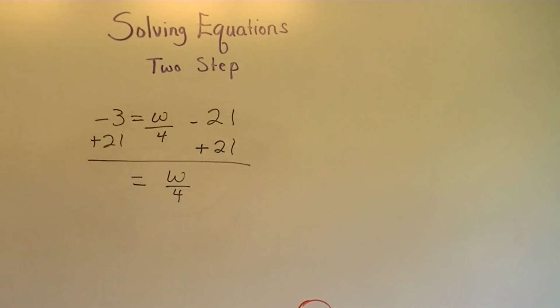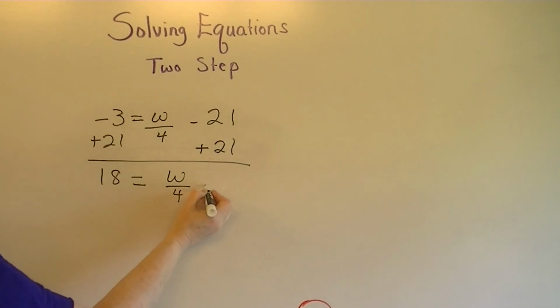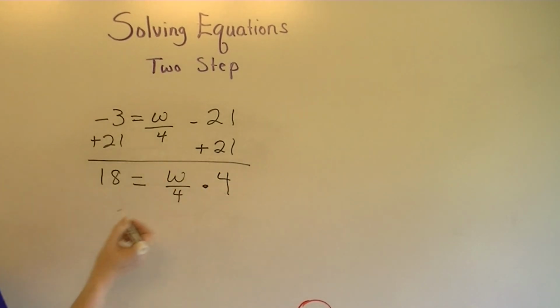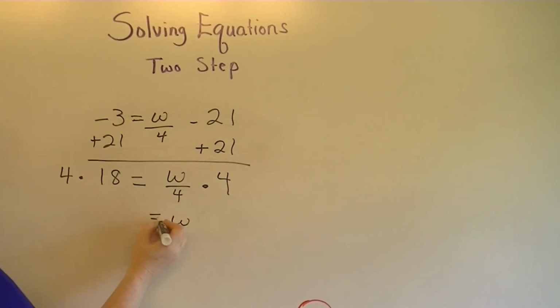These are different signs, so I'm going to subtract. 21 minus 3 is 18. And now, how is my 4 attached to the W? Through division, so I'm going to do the opposite, which is multiply both sides by 4. And I'm going to get W equals 4 times 8 is 32, carry my 3, and that would be 72.